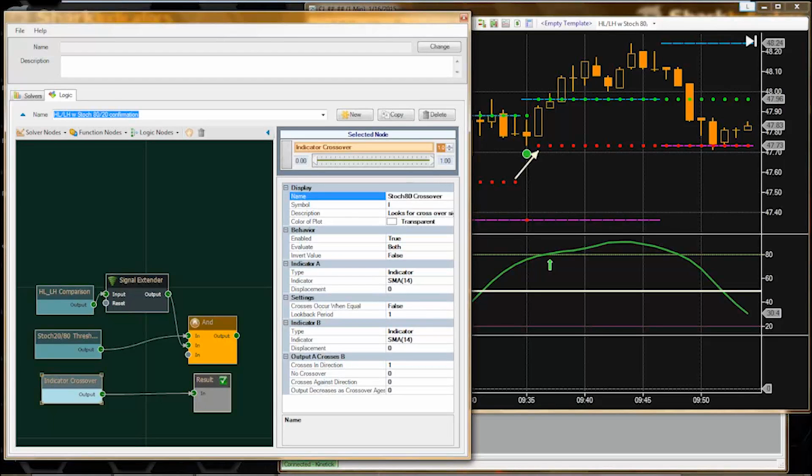So we'll look for the stochastic 80 crossover first. Just a moment. Looks like NinjaTrader's pausing on me here while it's thinking.